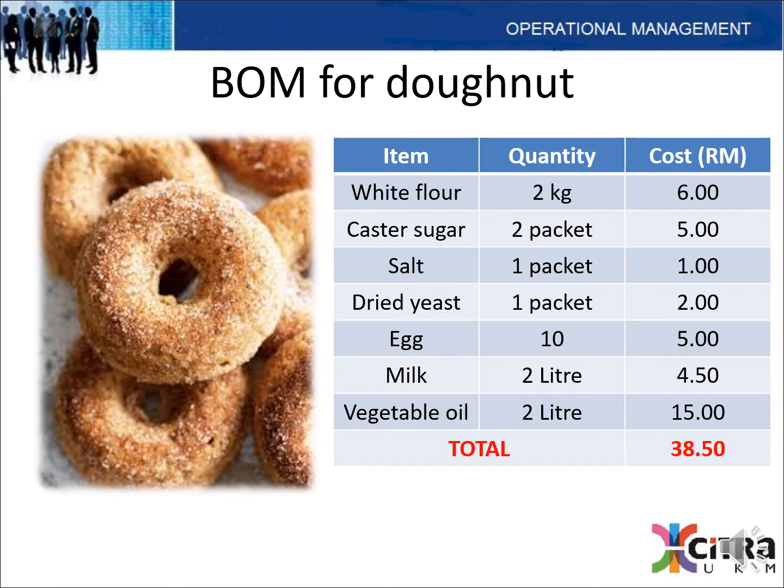The caster sugar costs 5 ringgit, and so on, and the total is 38 ringgit and 50 cent, so about 38.50 ringgit for a hundred donuts. This is a bill of materials. You need to itemize each of the raw materials you need to produce.